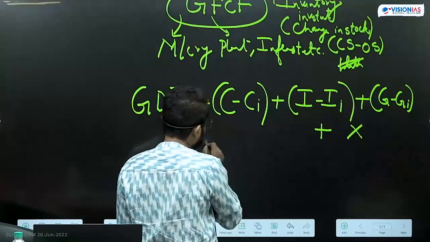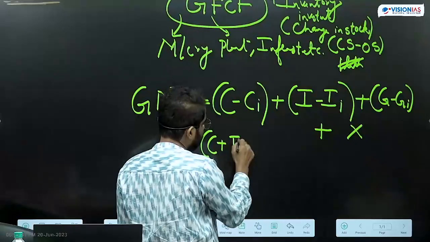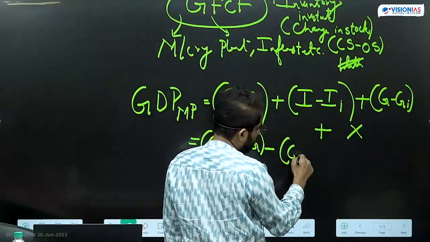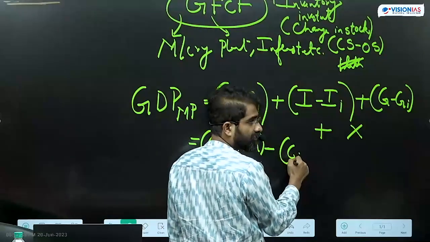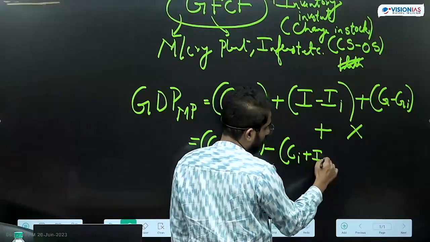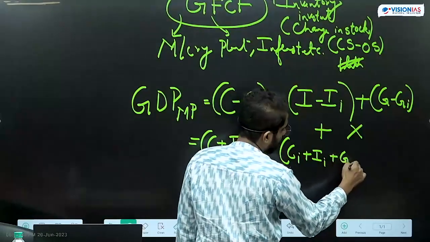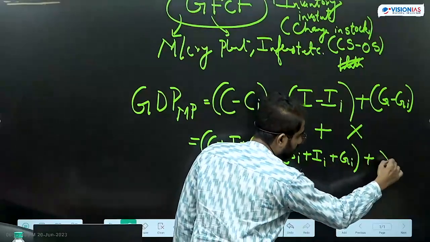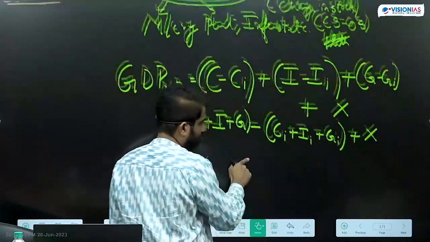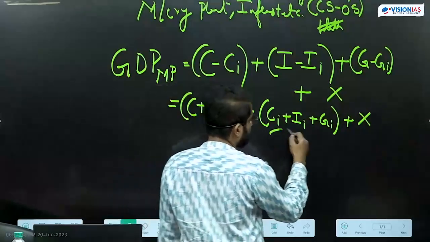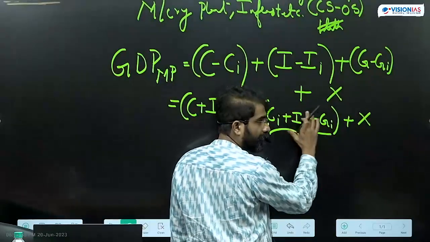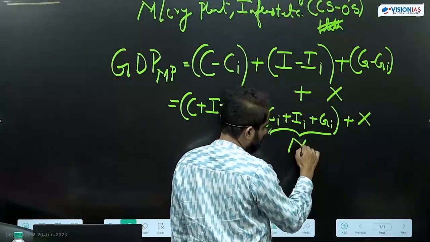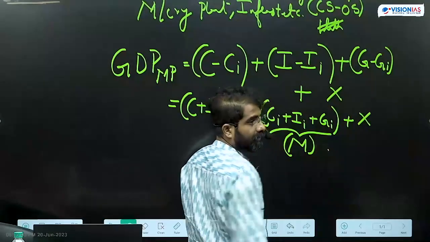So therefore, this can also be written as C plus I plus G minus, I can write it as CI, this is imported consumption goods, II imported investment goods plus GI imported government goods. I've added all, plus I have written X. X is export. Now this CI plus II plus GI is nothing but the total import. So this import I am writing as M. M is nothing but import.